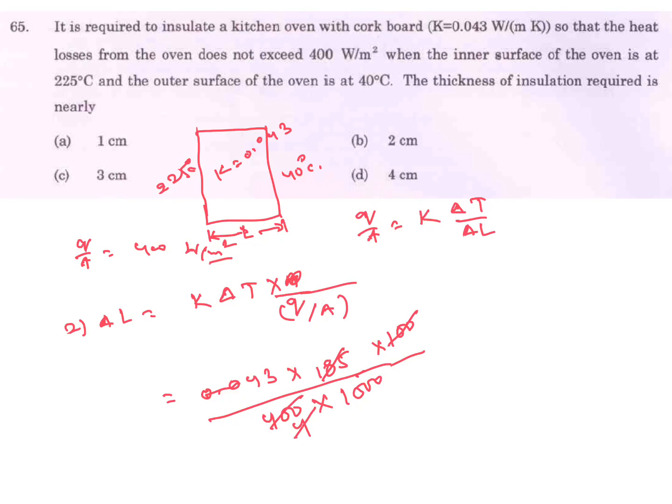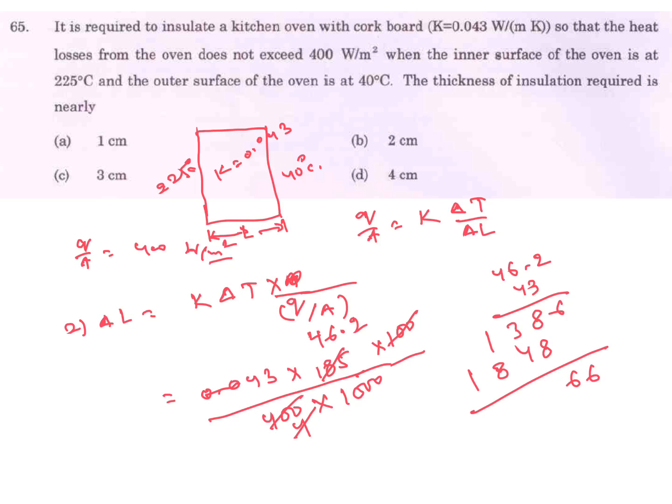185 by 4 is 46.2. Here 46.2 into 43, if we multiply, I'll get 1986.6. So 1986.6 by 1000.